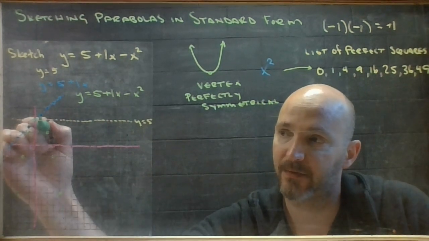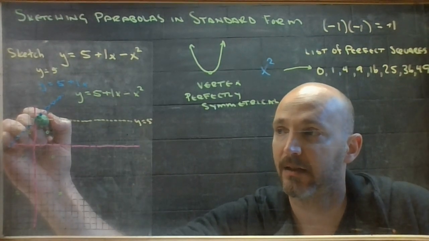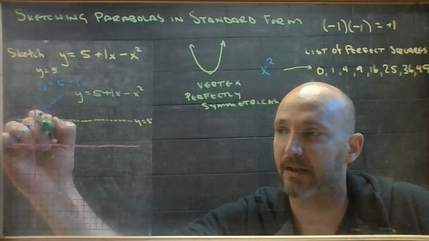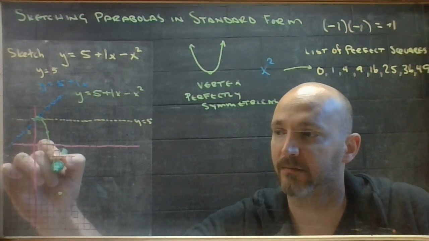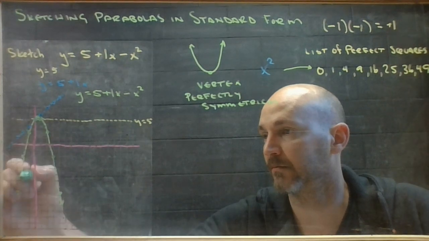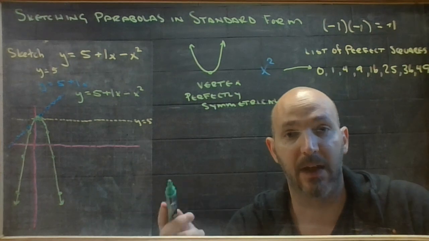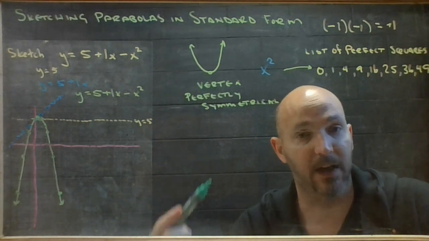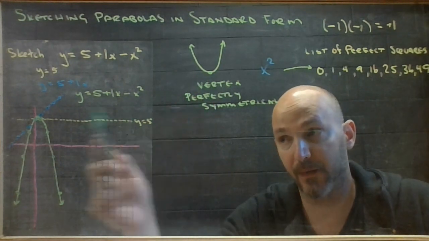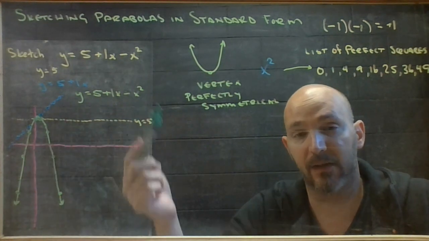Now, this one's a bit funny. It didn't generate a vertex in a clean place, but I can see it's got to be about there somewhere. So I've been able to generate this same shape of a parabola with a vertex based off this line, even if it's a subtraction.